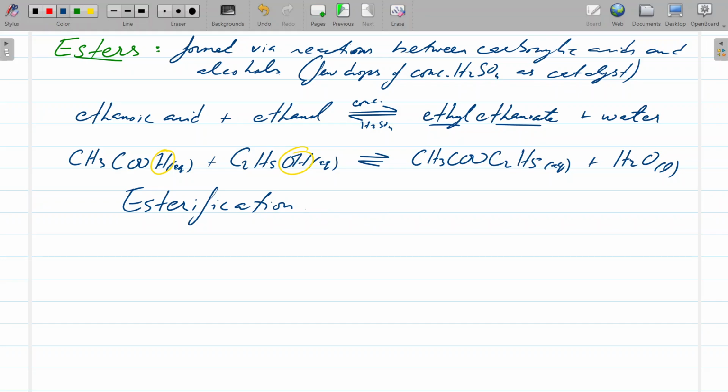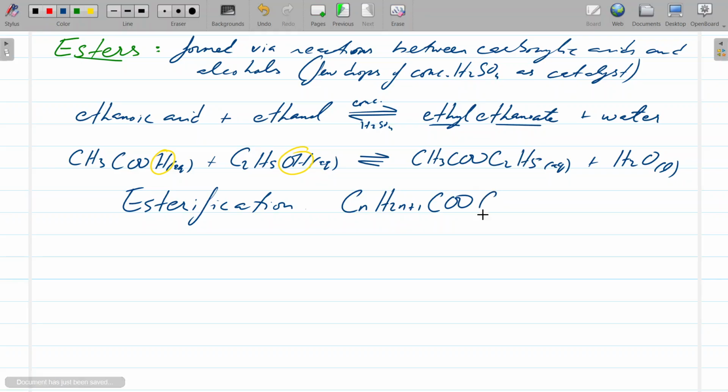And they have the general formula, stay with me: CnH2n+1 C double bond O, so that's the acid part.